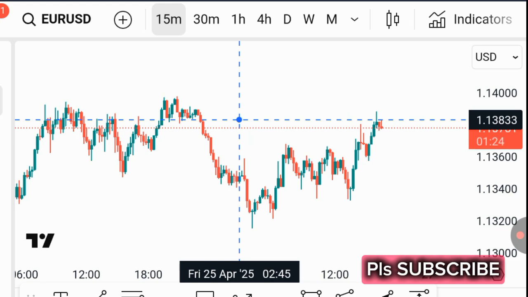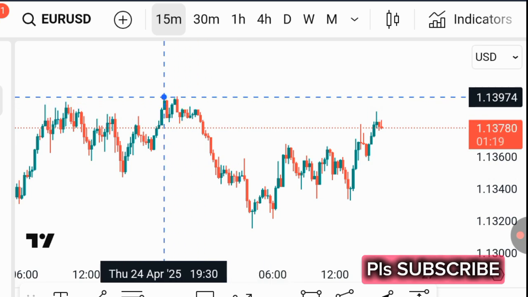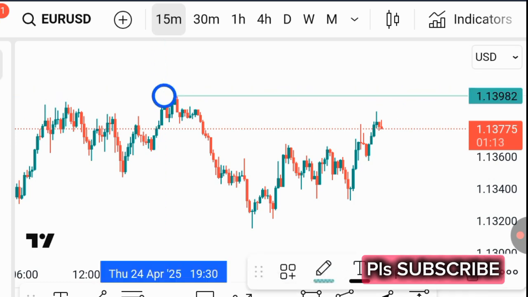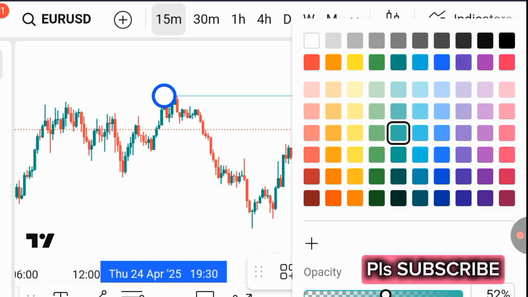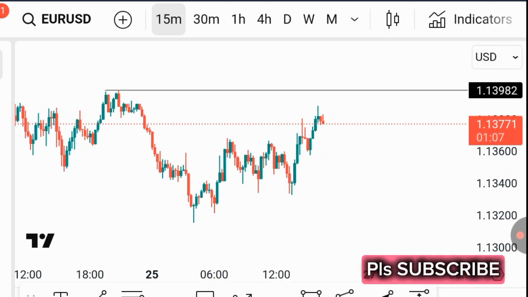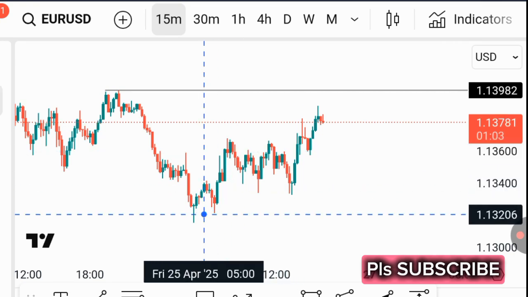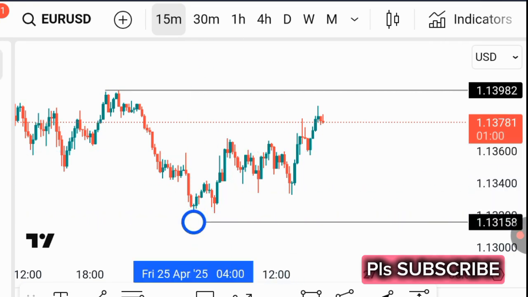So first of all, I would love to identify some key areas. I would love to mark this area here, this very resistance here. Let me give this a different color. I would also love to identify this area here.